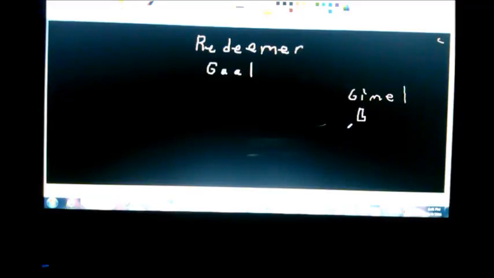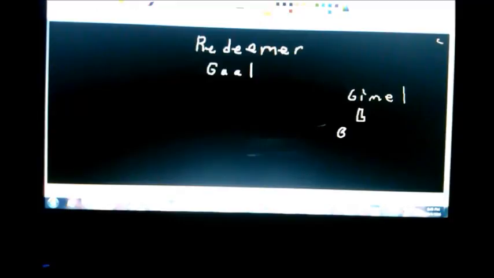And it meant to move or walk or to gather. G-A-T-H-E-R. Gather.